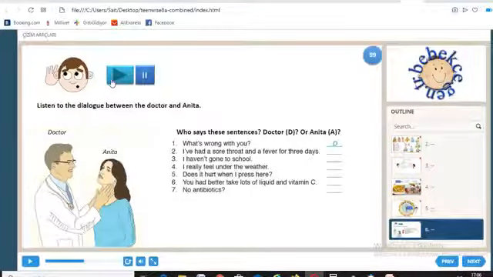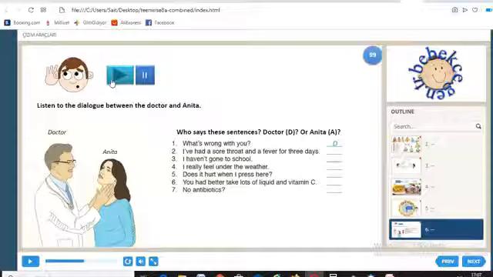Good afternoon, doctor. Good afternoon. What's wrong with you? I've had a sore throat and a fever for 3 days, and today I haven't gone to school. What are the other symptoms? I really feel under the weather. My throat is so dry and I can't stop coughing. All right. Take a seat. I'll have a look at you. Open your mouth wide.